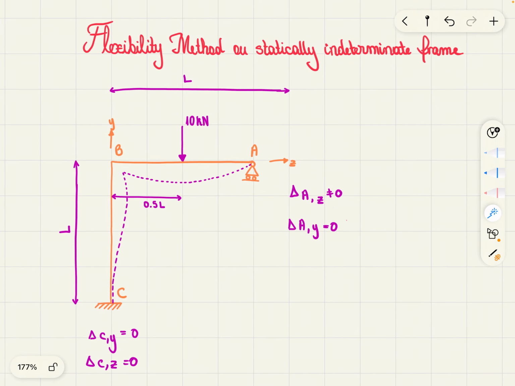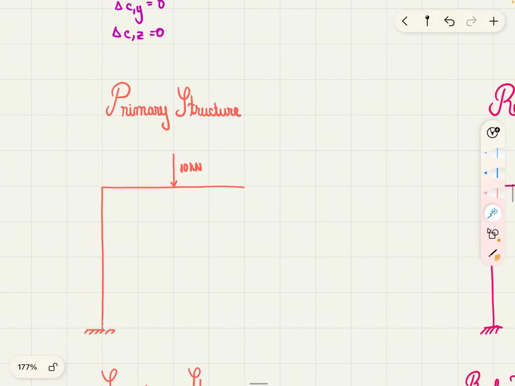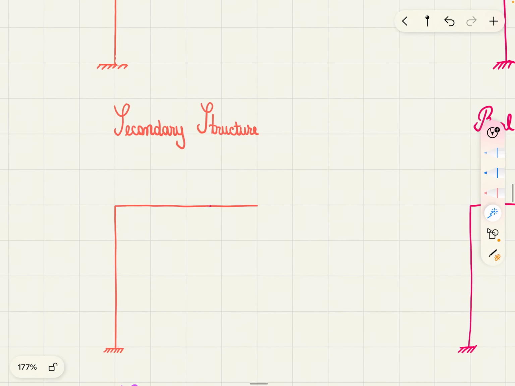So, say we want to find the reaction force at A in the y direction. We're going to split this structure into a primary structure due to the point load and a secondary structure due to the reaction force.